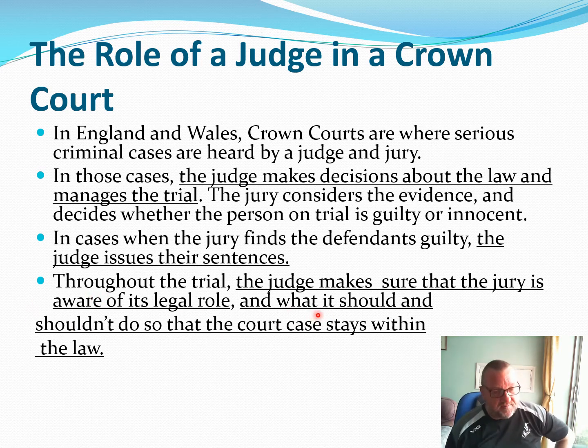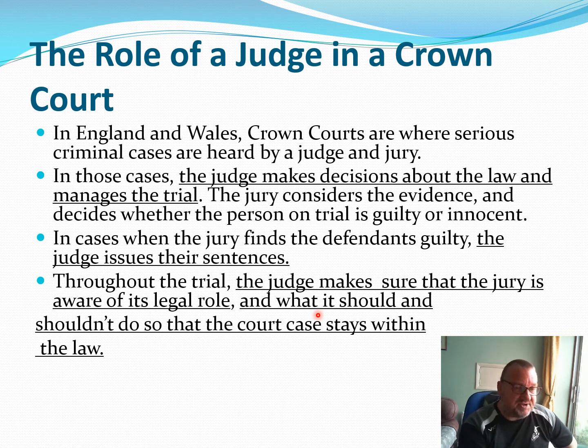To give you an example, if someone is found guilty of murder, the mandatory sentence in this country is life imprisonment. So a judge has to give life imprisonment to someone who is found guilty of murder. They cannot not give life imprisonment. The judge may decide, as well as giving life imprisonment, given the nature of the crime, that there is a minimum term that the offender has to serve.